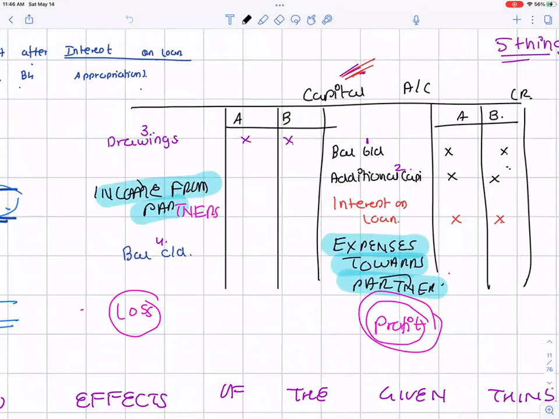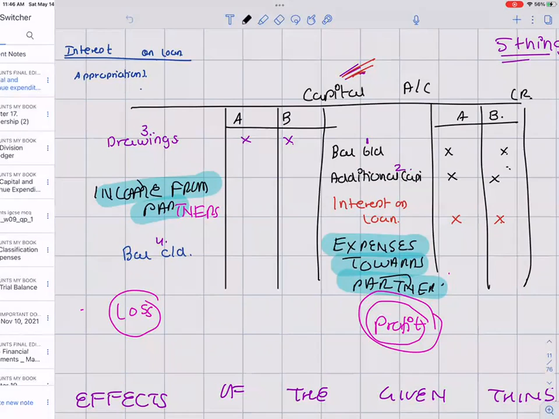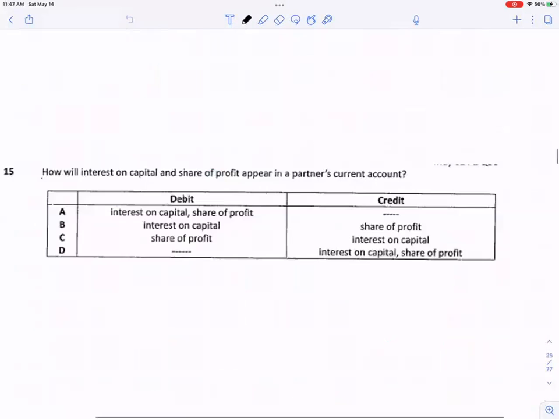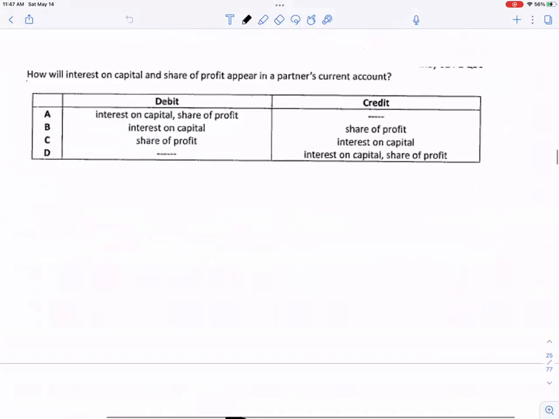Which side? Share of profit, interest on capital. Tell me, I'm waiting. Credit side.